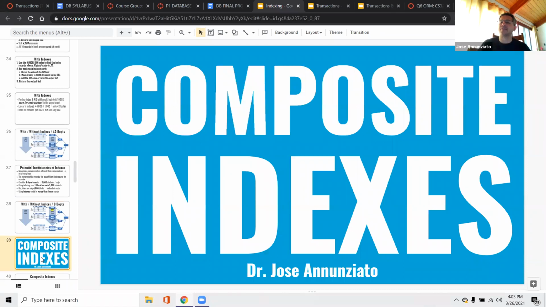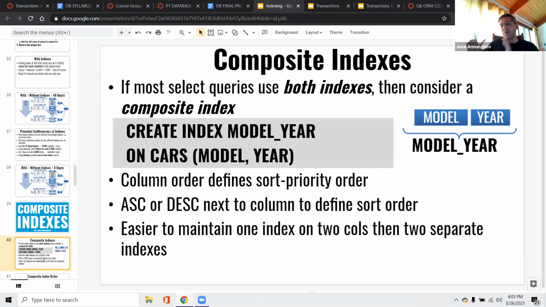Okay, so let's talk about composite indices. Up to this point, we've been creating an index on an individual field. But there's also the possibility of creating what are called composite indices, where you take multiple fields and create an index on both fields.